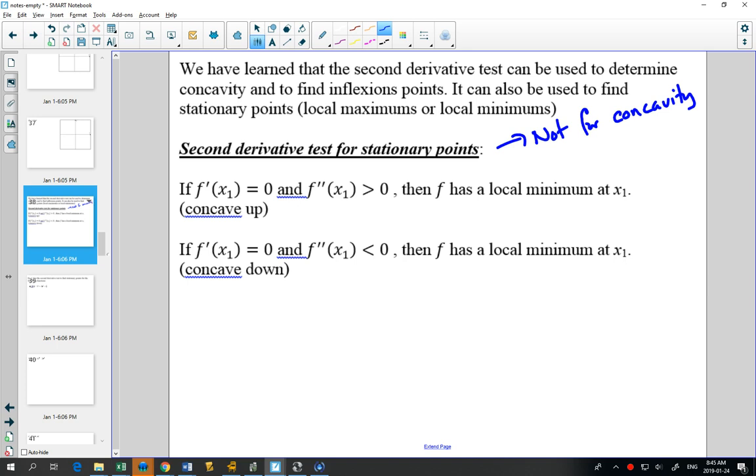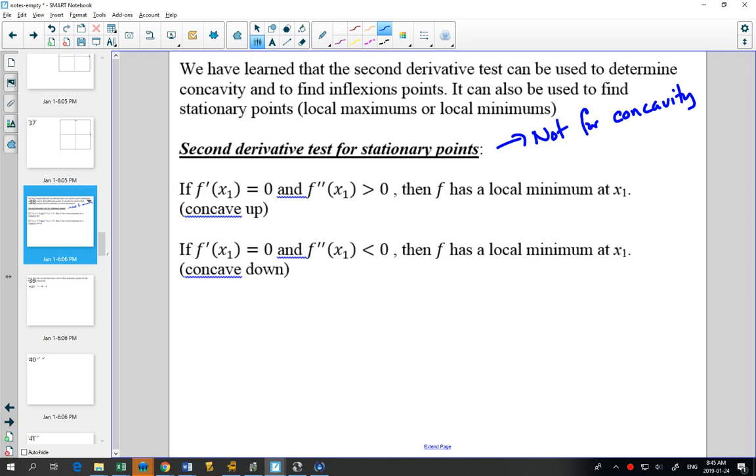It's not to find out if it's concave up or concave down. The second derivative test is an additional test to tell if something is a maximum or a minimum. So it's in addition. You already have a way to find out if something's a maximum or a minimum, and now we're showing it in a different way.